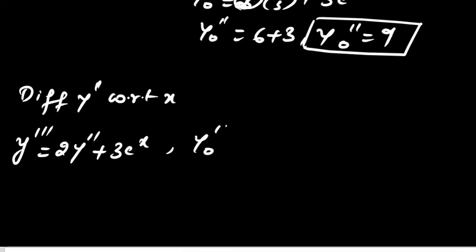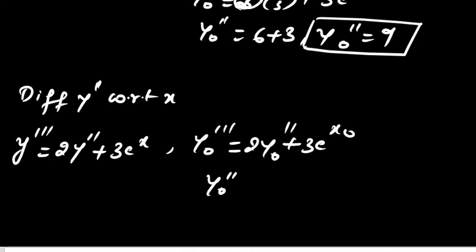Expressing it in terms of initial condition, y naught triple dash is equal to 2 y naught double dash plus 3e power x naught. y naught double dash is 9, substitute it, added with 3. So how much do we get? y naught triple dash is equal to 21.